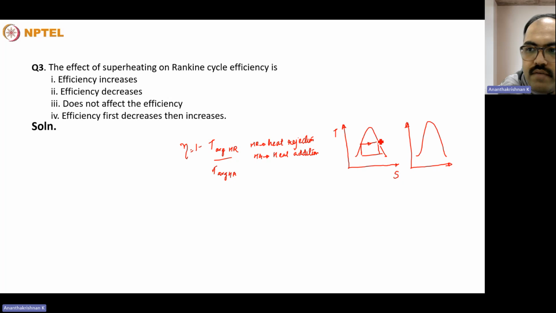So correspondingly, what we could see is that this one, and we give a superheating as well. In that particular case, the average temperature of heat addition will be higher than that of the case where everything is inside the vapor dome.